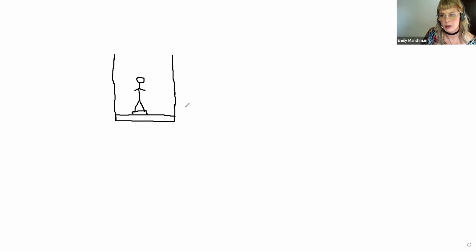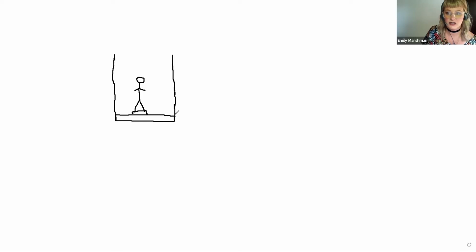So let's say you're on the bottom floor of the building, and you push the up button, and the elevator starts to move upward. And that means it's accelerating because it has 0 velocity, and then after a certain amount of time, it has a constant velocity. But during that period, while it's changing its velocity upward, it's accelerating upward.